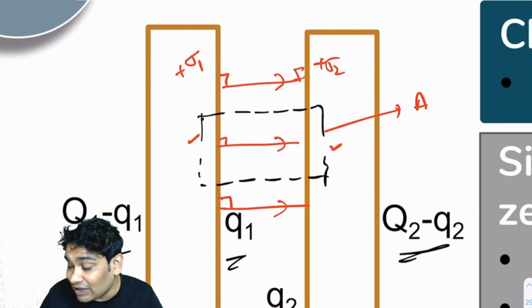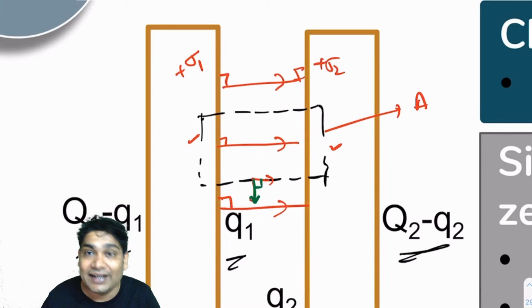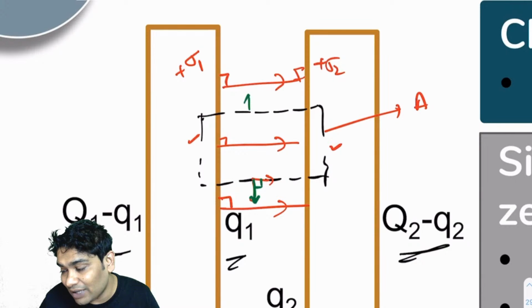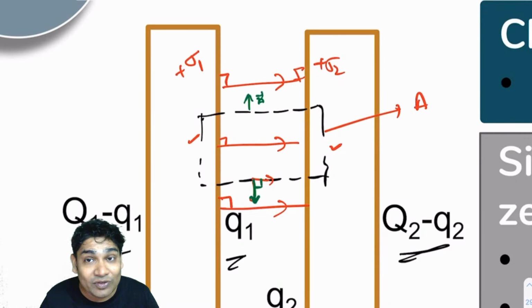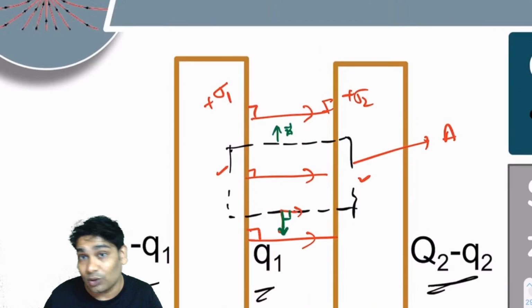For this surface, the A vector points like this, the E vector points like this, so the angle is 90. For this surface also, the same thing happens. The 90-degree angle between the A vector and the E vector causes the flux to be 0. So, flux through all these surfaces is 0, which means the charge enclosed is 0.